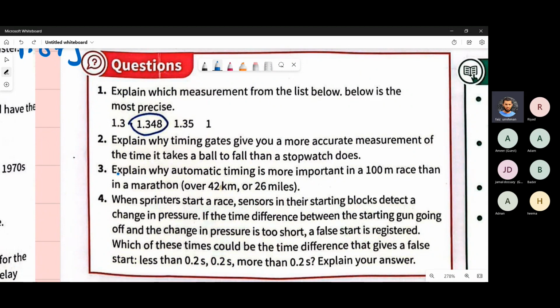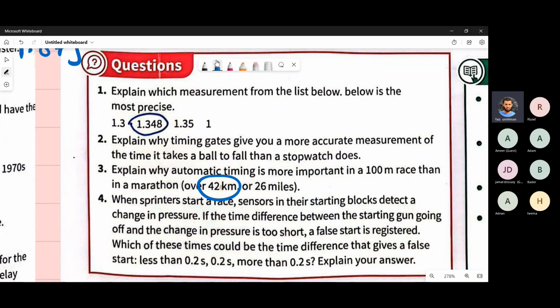Now explain why automatic timing is more important in the 100 meter as compared to the 42 kilometer marathon. This time Badr will give the answer. Amir and Riyad have given so many answers, and even Jamal and Ibrahim. Let me ask Adnan, Badr, and Adam. These 3 students need to answer now.